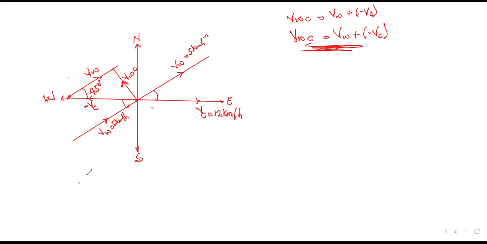Now, when it is like this, VW is not perpendicular to negative VC. The angle is acute, so we must use the cosine rule to find the velocity of W with respect to C. Yes, Saki. I still don't get why VW and VWC are formed to make a triangle.